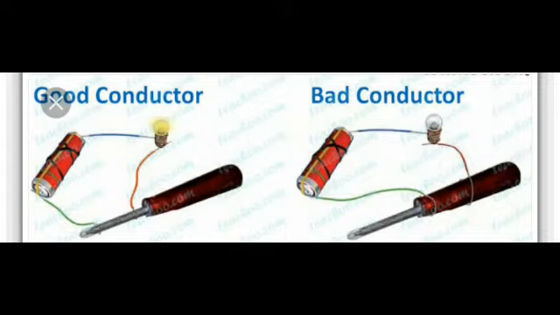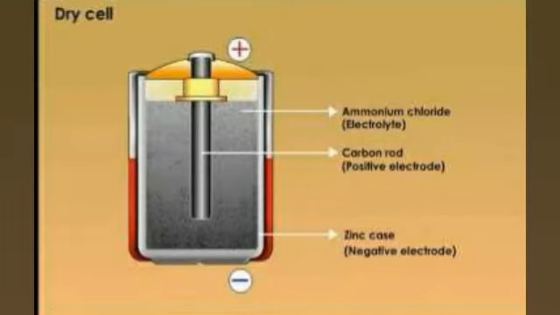Aluminium, copper, iron are good conductors of electricity. Rubber, plastic, all these are bad conductors of electricity. What is good, what is bad? It's nothing but they can conduct electricity, they cannot conduct electricity.